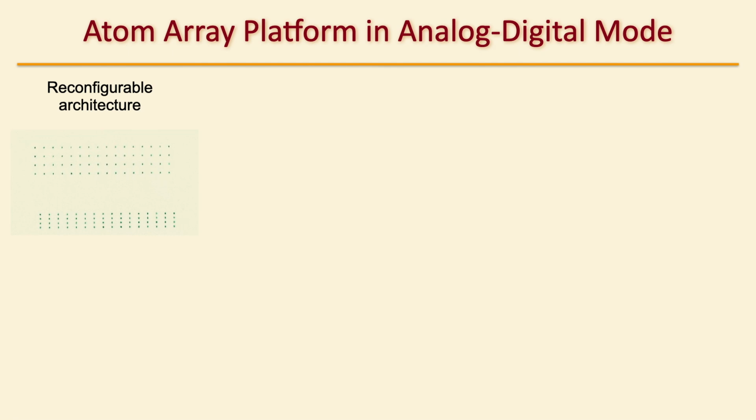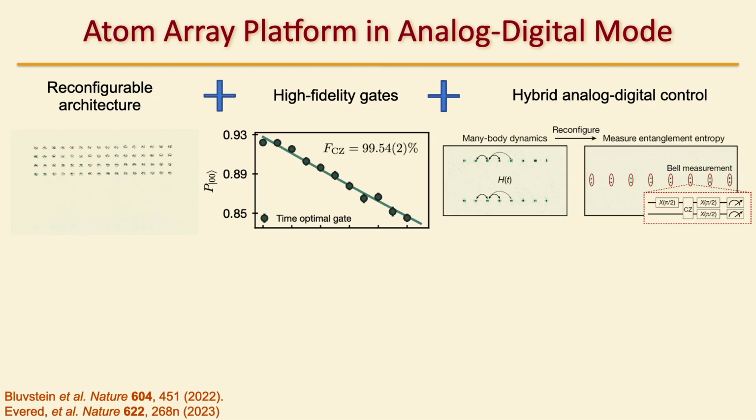The second element in these Rydberg arrays is that you have these atoms that can be put in the Rydberg state, but that you also can move around while the computation is going without losing your coherence. And that gives us, of course, a non-local connectivity.